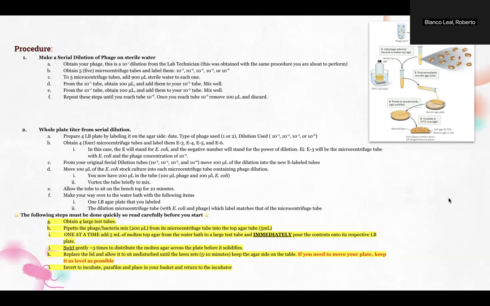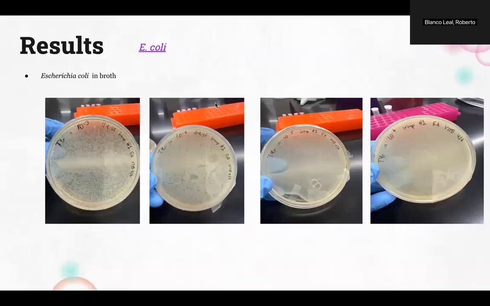Invert it to incubate, wrap it in parafilm, place it in your basket and return it to the incubator. In this one you have to work super fast after the microwave and put it on the plate, because if not, it's going to cool down and get hard.